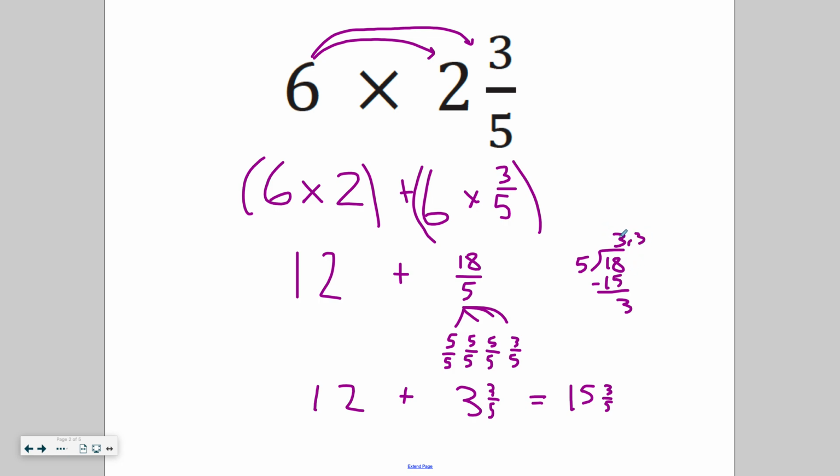I have 3 wholes, left over 3, which is my numerator, and I keep my denominator 5. 3 and 3/5, 3 remainder 3. So once I've converted this improper fraction like I did here, I can then add it to my whole. 12 plus 3 and 3/5 would be 12 plus 3 is 15, and then I keep my 3/5. 15 and 3/5.